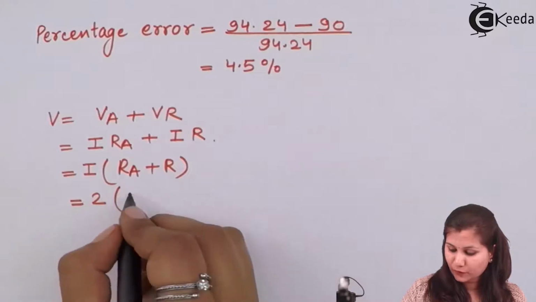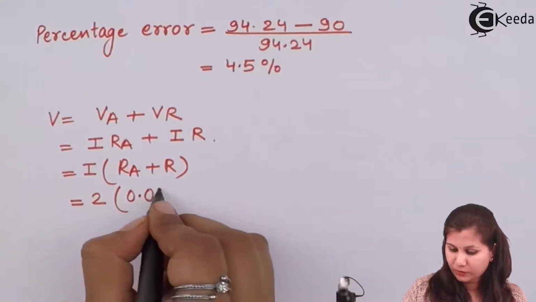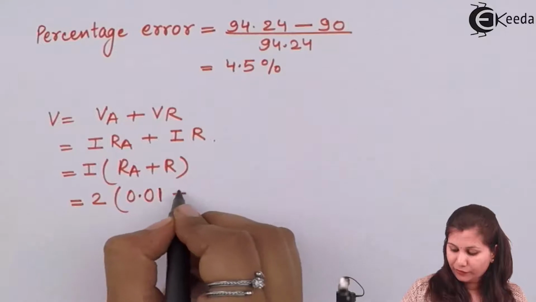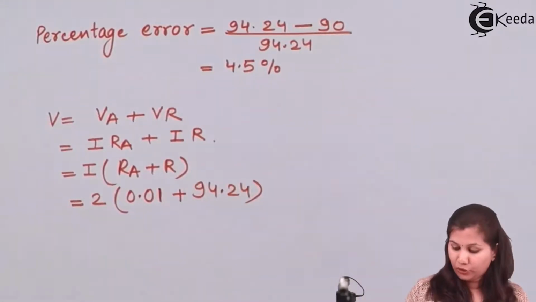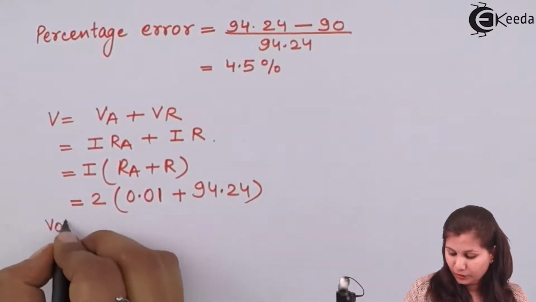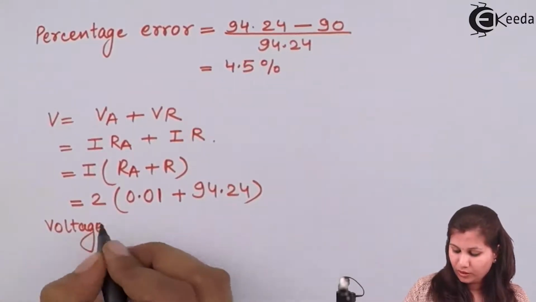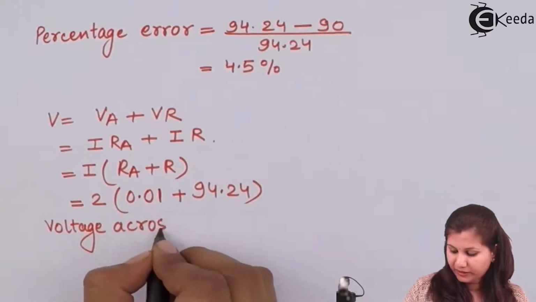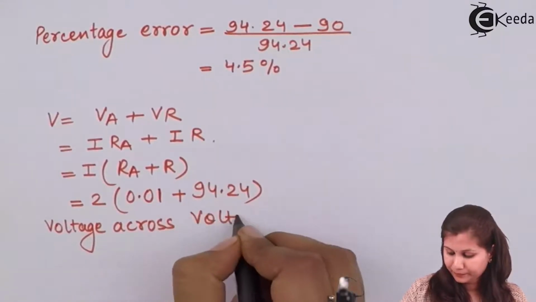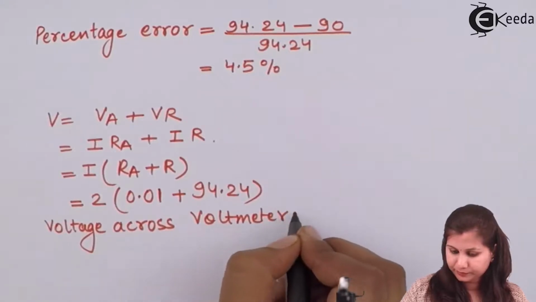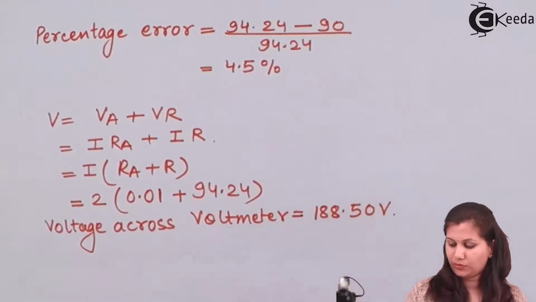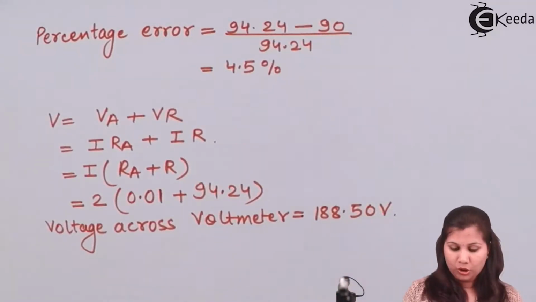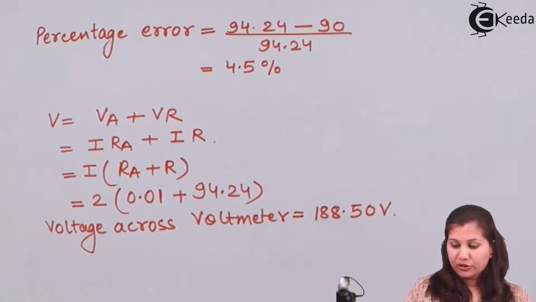RA, the resistance of the ammeter, is 0.01, and the true value of the resistance is 94.24. So when we solve this, we will get the voltmeter reading as 188.50 volts.